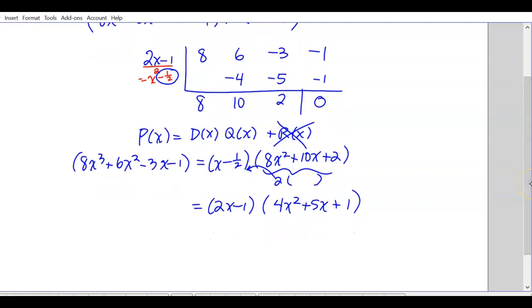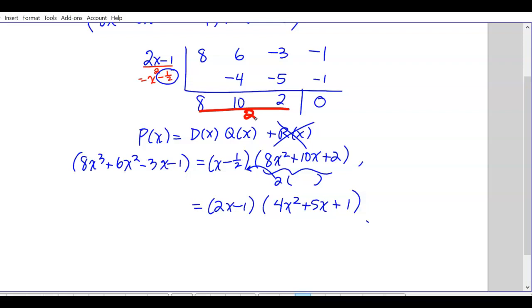Okay? So, do you have to show it like this and then like this? No. If you've done your synthetic here, you should think, okay, I divided by 2 and used that number, but I still want the 2x minus 1 as a factor. So I'm going to then divide everything by that coefficient, that 2 that I divided by there.